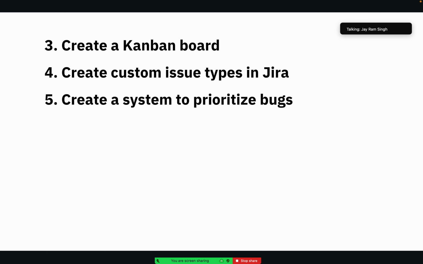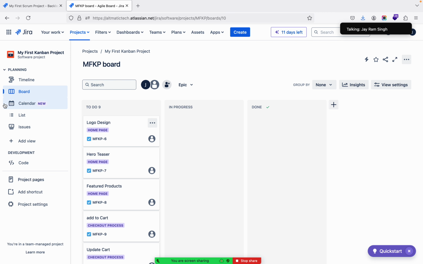Different issue types can be there in the case of defects. So we can create custom issue types if we are only dealing with defect tracking, and we can also prioritize the bugs, right?